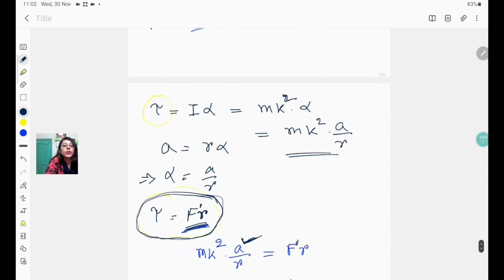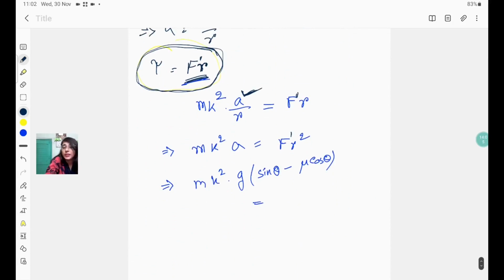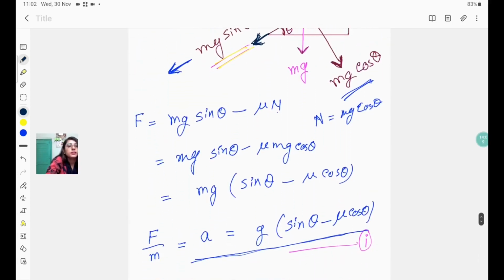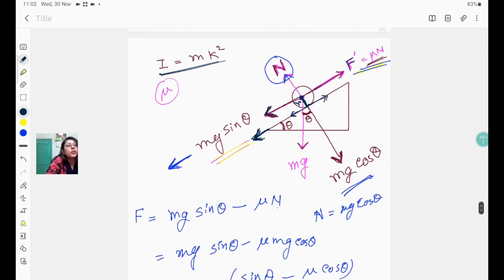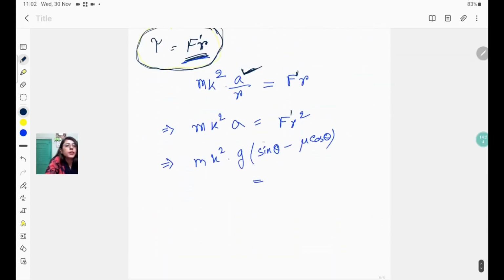So this tau will be F prime into R. So in place of F prime we can write this: F prime will be equal to mu into N, and N is mg cos theta. So F prime is mu mg cos theta. So we can write mu mg cos theta into R square, right?